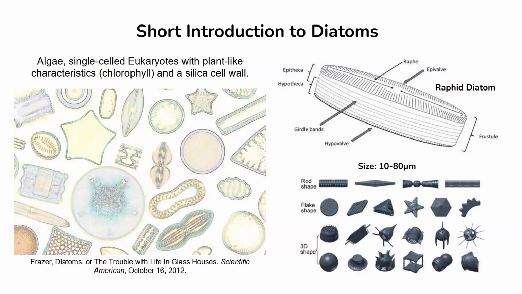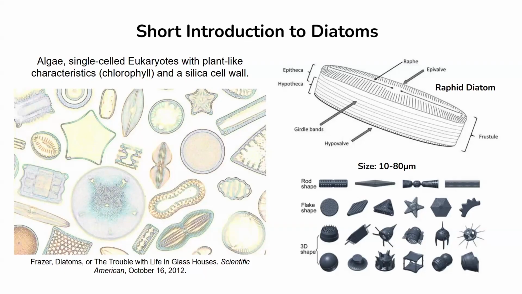So we know the anatomy of diatoms pretty well. You can actually image them. You can see these variations on the lower right. These are at the size scale of 10 to 80 microns. So it's very small, and you need powerful microscopes to look at them and really examine them in detail.